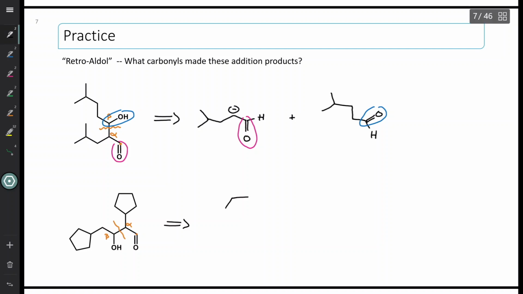Our enolate was this one, and it would have reacted with this aldehyde here. So again, this oxygen is this oxygen, and the nucleophilic ketone stays untouched.